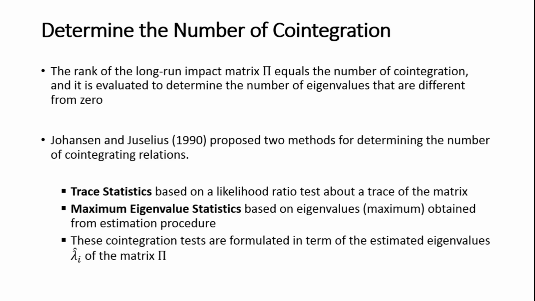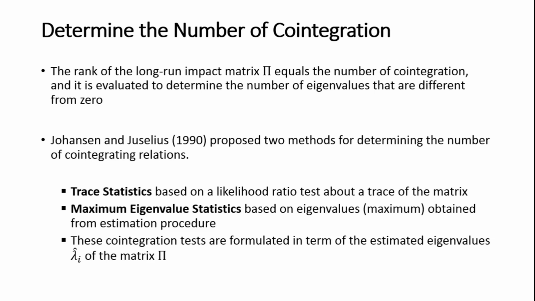Johansen and Juselius in 1990 proposed two methods to determine the number of cointegrating relations. We have the trace statistic, based on likelihood ratio tests about the trace of the matrix, and the maximum eigenvalue statistic, based on the maximum eigenvalue obtained from the estimation procedure.